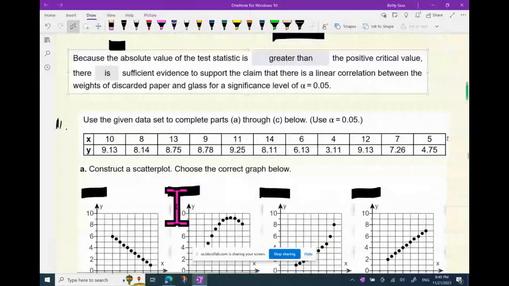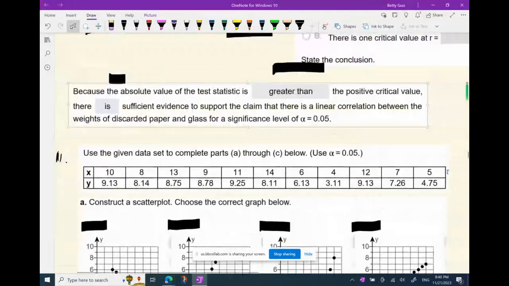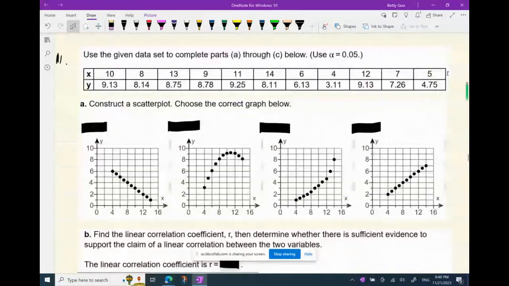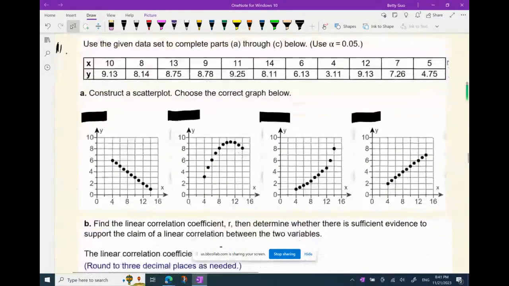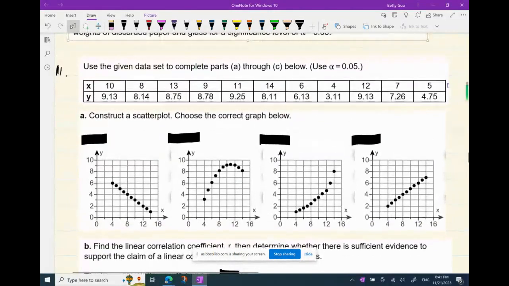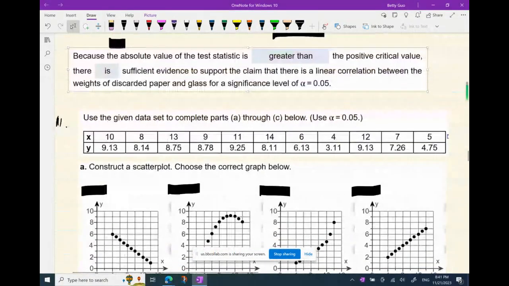What are the two variables? Let's see. That's kind of different from what we see from the picture, from the graph, because the graph is not a linear pattern. So X is, it doesn't say what X represents.